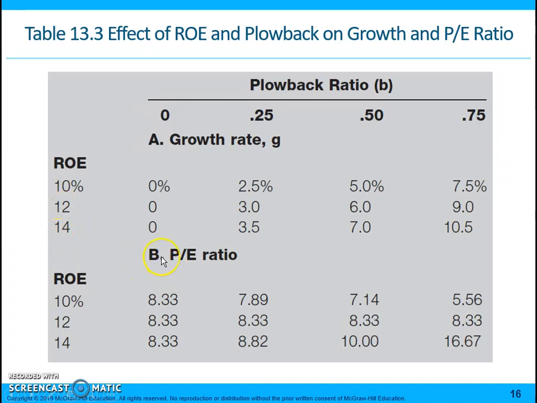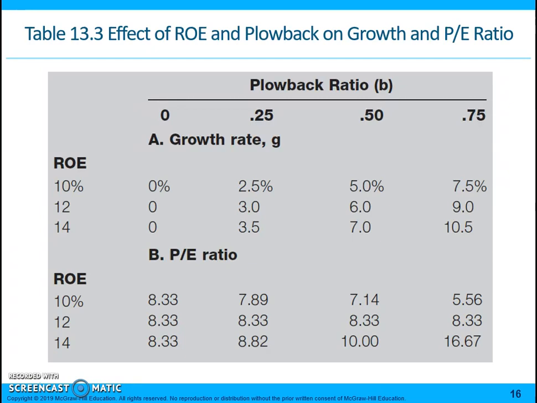Where it gets interesting is with our PE ratio. What happens in the case of 10%, where we have an ROE that is less than our investors' required rate of return? As we reinvest, our PE ratio is going to decline.